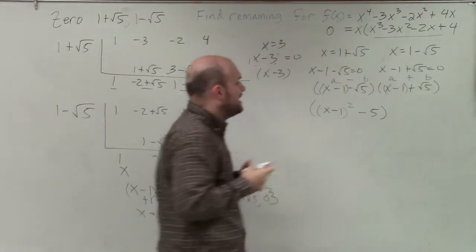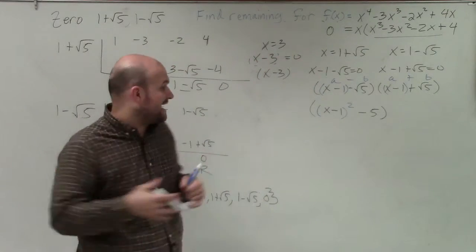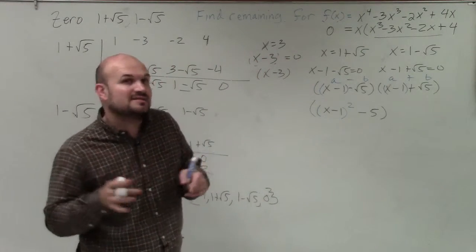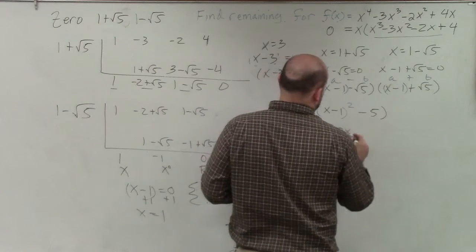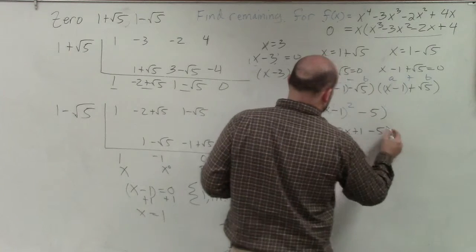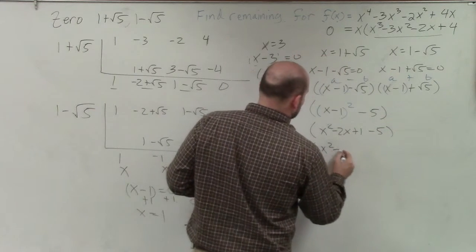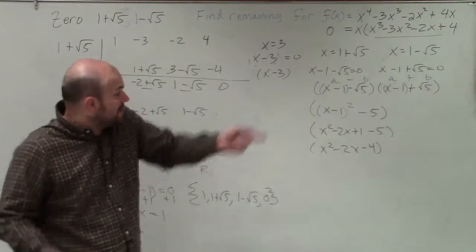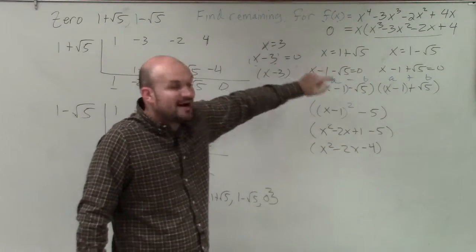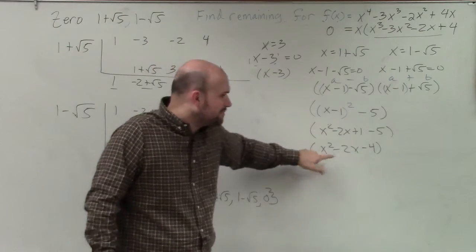Then I can expand my x minus 1 squared, which would be x minus 1 times x minus 1. Expanded gives me x squared minus 2x plus 1 minus 5. And therefore, it gave me x squared minus 2x minus 4. So by rewriting my zeros as factors and multiplying out, I now produce another factor.